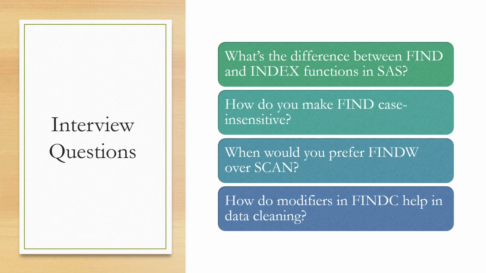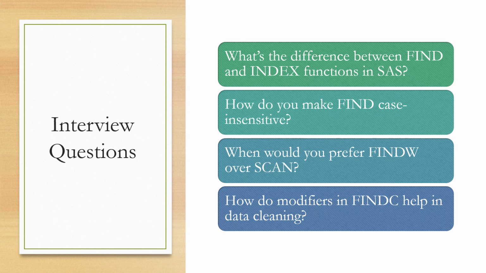The next is, how do you make FIND case insensitive? We can use the modifier I in the call of FIND. The next is, when would you prefer FINDW over SCAN?